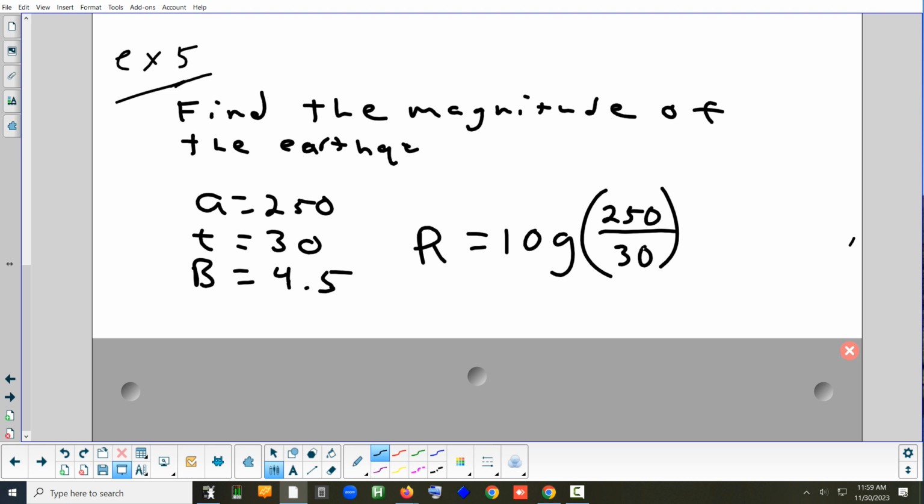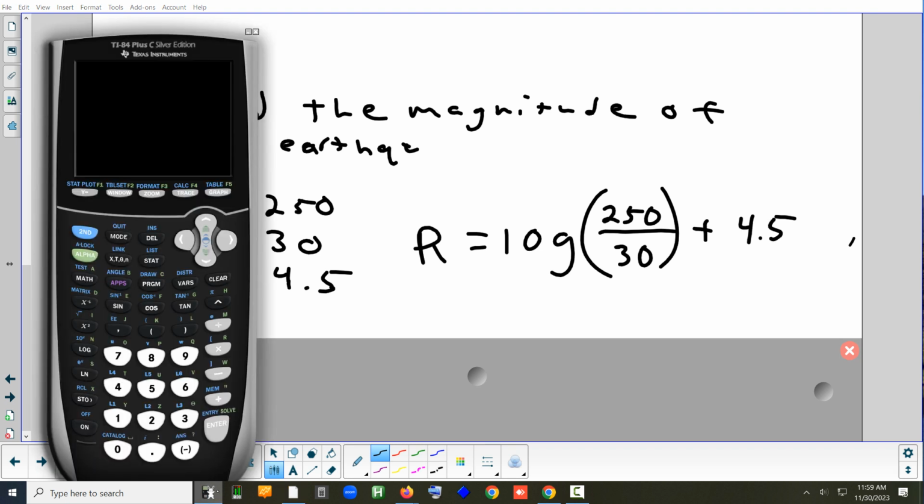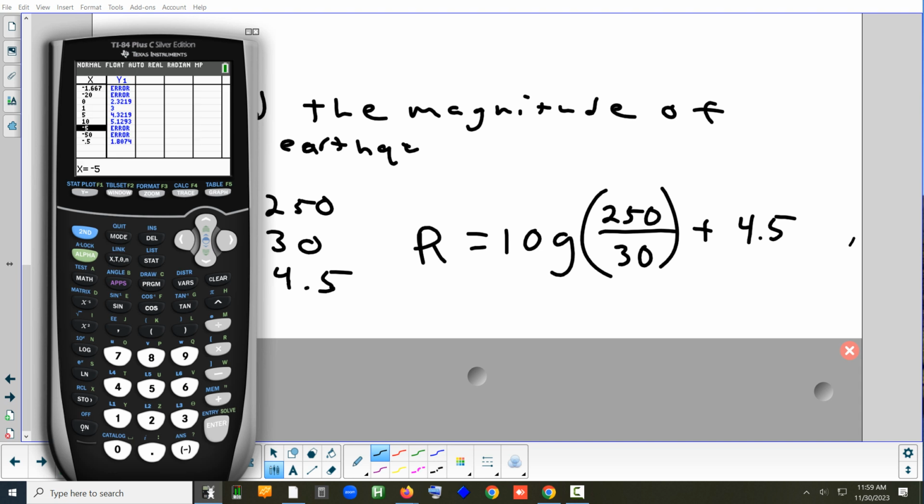Plus 4.5. Okay, so let's see what the magnitude of that earthquake would be. Log of 250 divided by 30 plus 4.5. So that's a magnitude 5.4 earthquake.